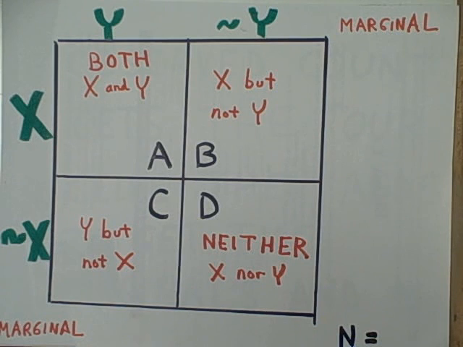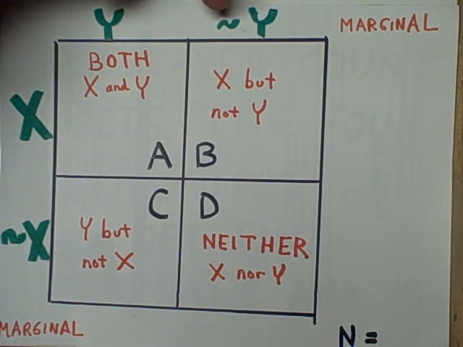This is what our 2 by 2 contingency table is going to look like. We're going to have the rows indicate x and not x, and the columns indicate y or not y.